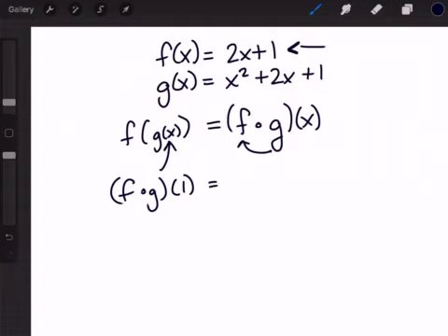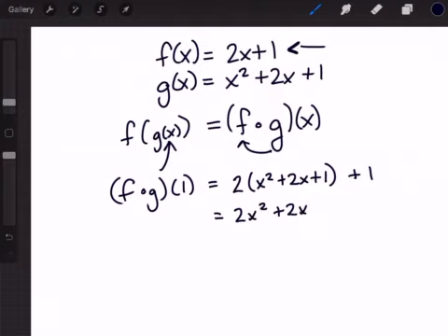So my f of x is 2. Instead of x, I'm going to write my g of x function, x squared plus 2x plus 1, and then finish my f of x function. Distribute the 2x squared plus 4x plus 2, plus 1.